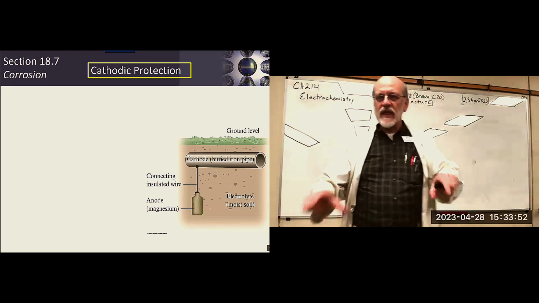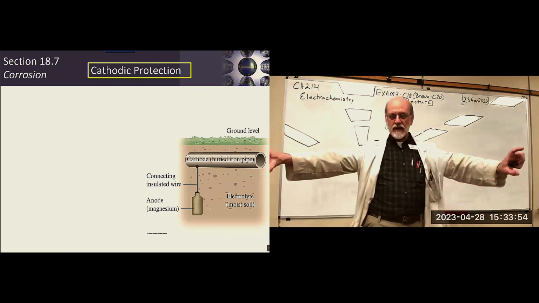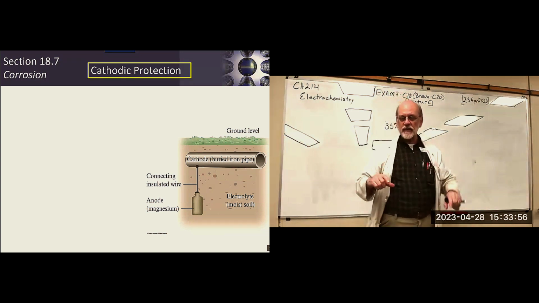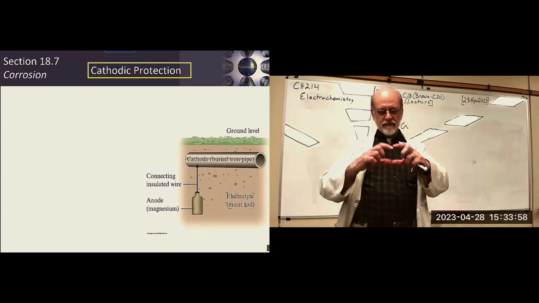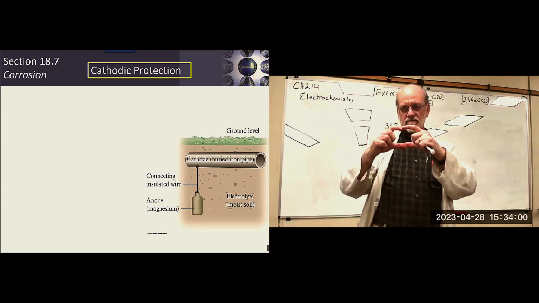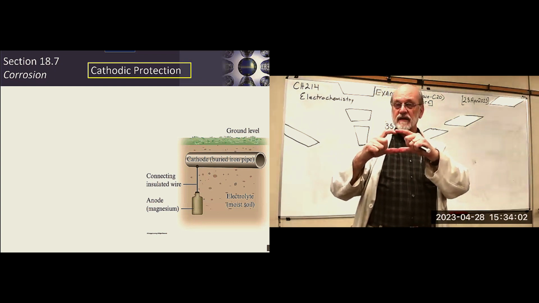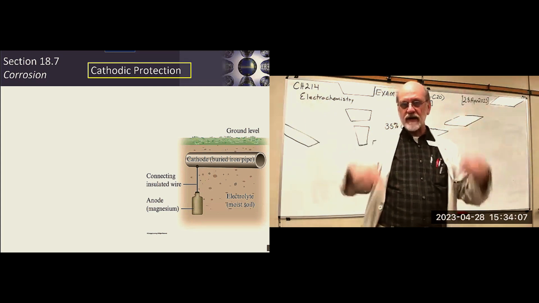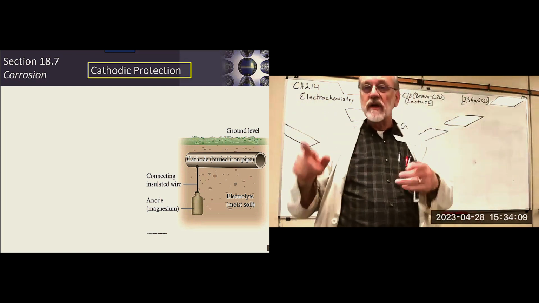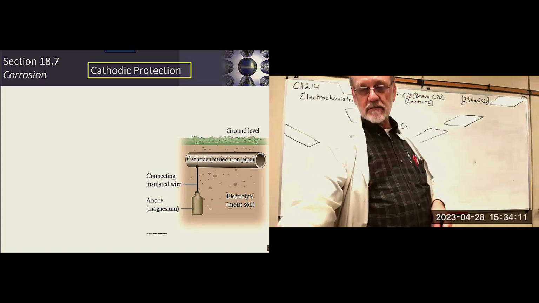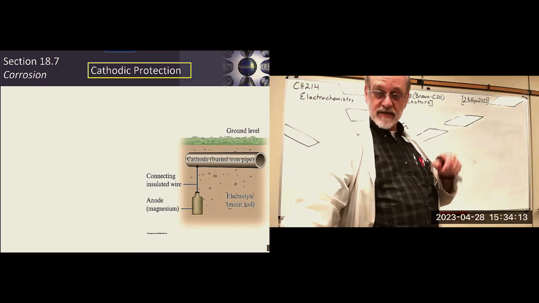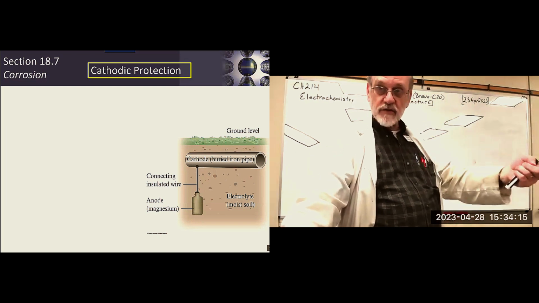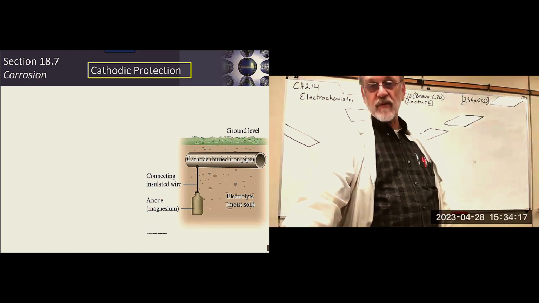You'll see them, sometimes they'll have a band of zinc all the way around the ship. And other times you'll have these ingots of zinc stamped or riveted onto the surface of the ship periodically. And those things corrode and deliver electrons, as the anode delivers electrons to the steel hull of the ship and keep it from corroding.